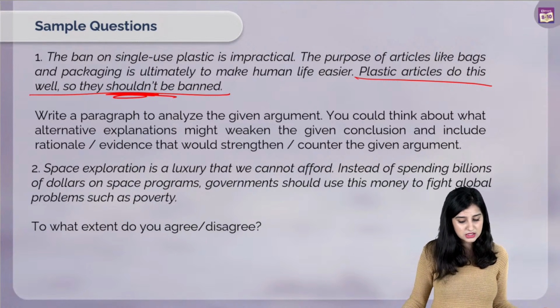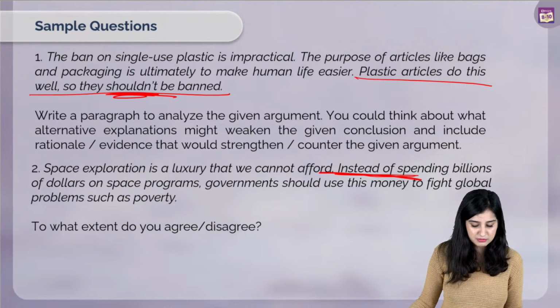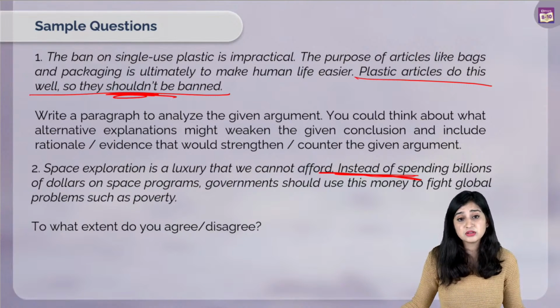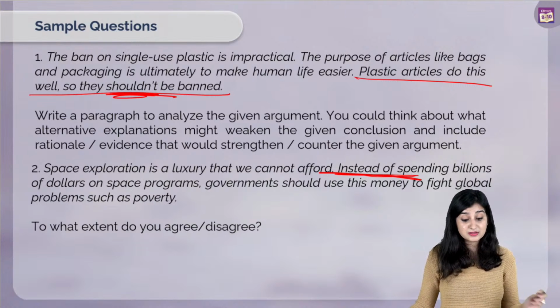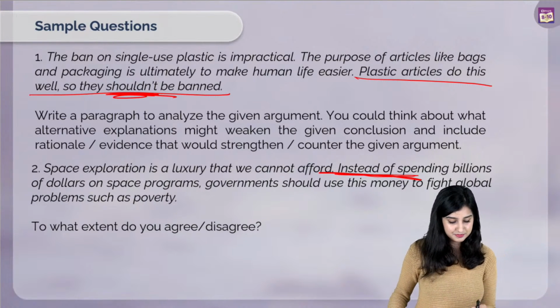Similarly here it says instead of spending billions of dollars on space programs, governments should use this money to fight global problems such as poverty. Here, instead of. So this is also a suggestion that the author is giving. So instead of spending on space exploration, you should probably spend on this. This is again a personal opinion. So these things you can easily agree or disagree with.